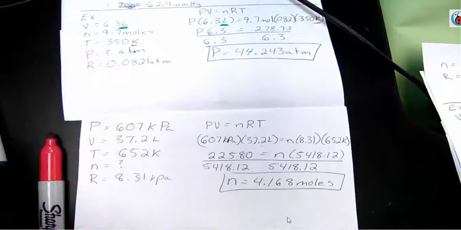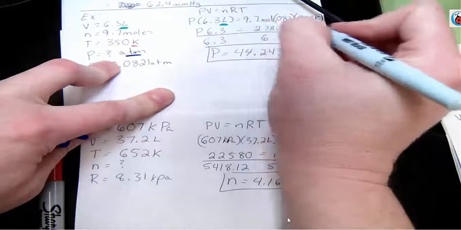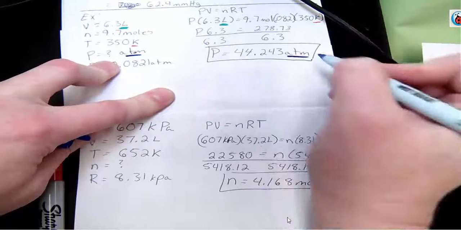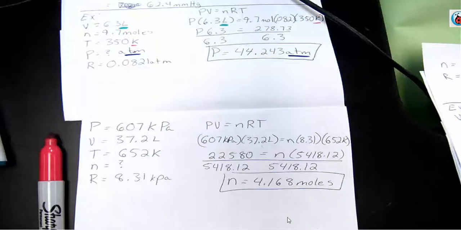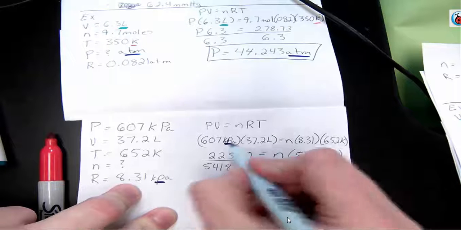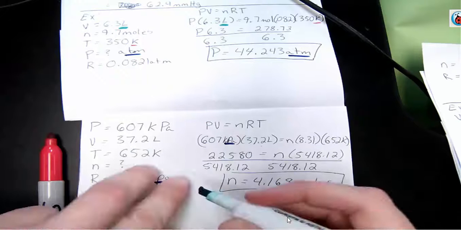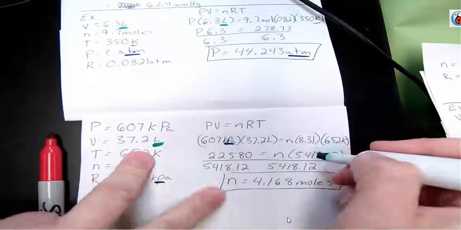We can see our pressure is atmospheres. Okay, that's what we're looking for. So just color code if that's helpful to kind of help you pay attention to the units and see what you have, see what you're missing, so you know how to solve.